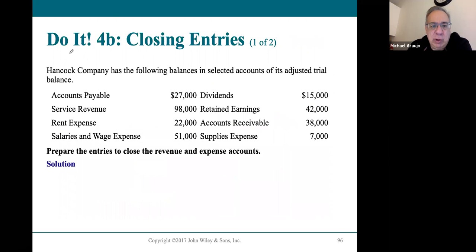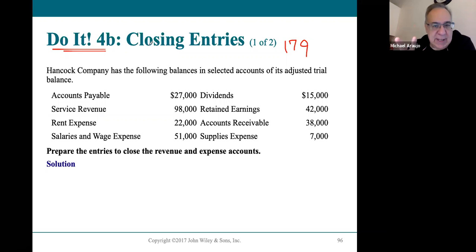But I will do the closing entries, do an exercise with you, which is on page 179. So if you have your book with you and you go to page 179, you will see this. We are going to do closing entries, which is that 4-step process that I outlined earlier. We close the revenue account, move that to income summary.